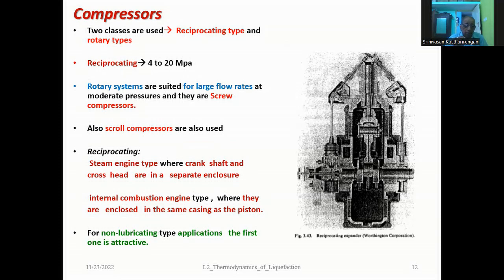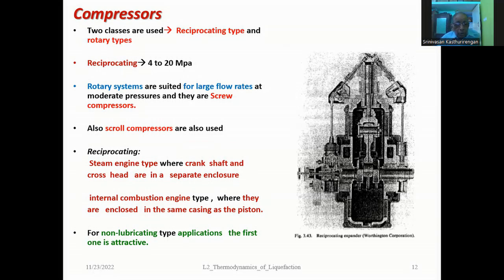For example, in the case of a reciprocating system, a small quantity of gas is taken inside a compressor at some low pressure, and then because of the movement of the piston, the gas is compressed, and the pressure increases to higher values. Whereas in the case of rotary systems, they are suitable for large flow rates, but pressures may not be very large. Okay, how do they do that?